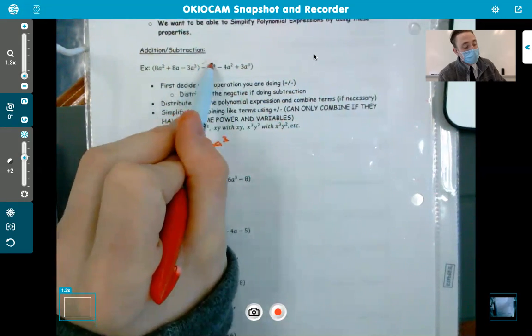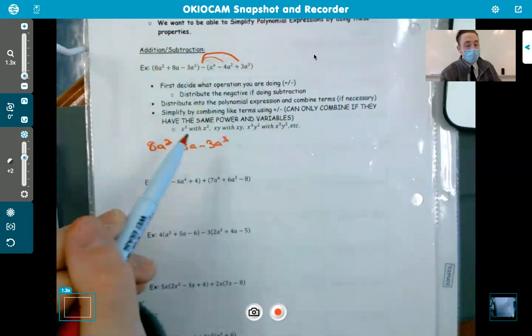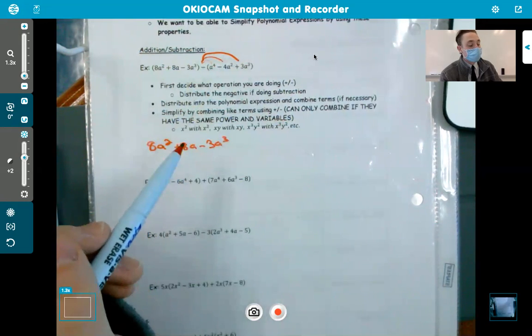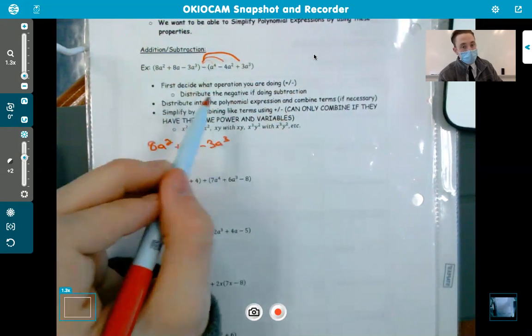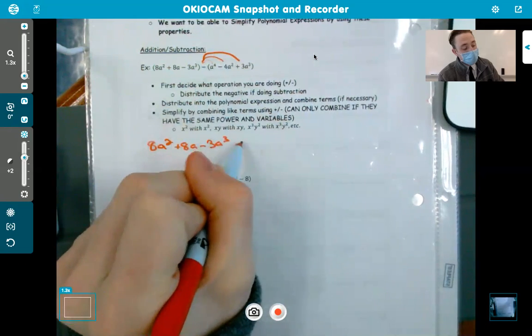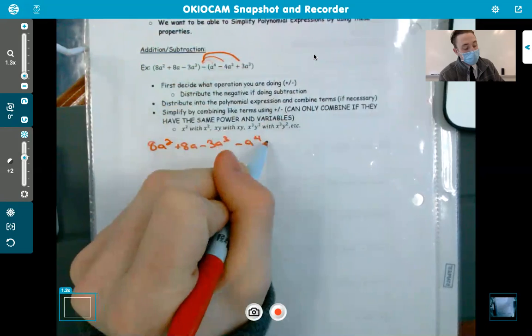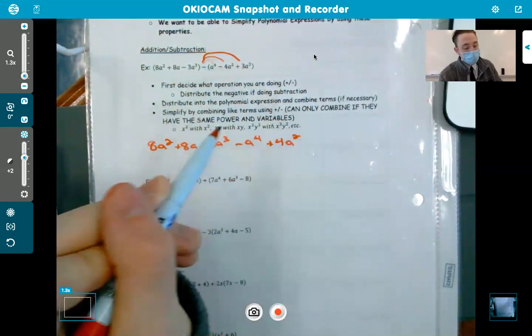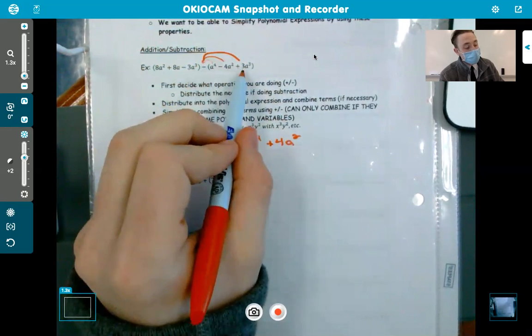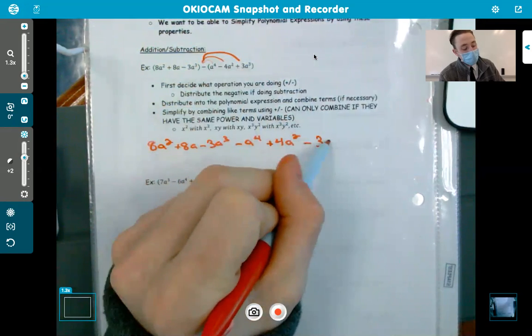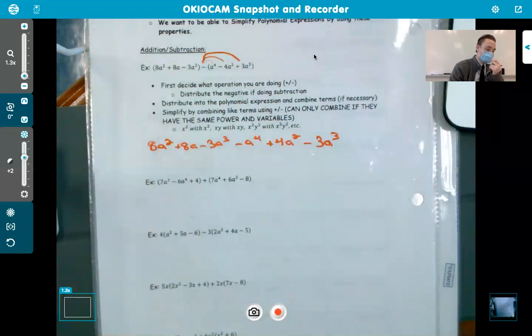So I need to distribute that negative to each term. And what that's going to do is change the sign of each term. So now I'm going to have minus a to the fourth. Instead of negative 4a squared, it'll be plus 4a squared. And instead of plus 3a cubed, it's going to become minus 3a cubed. So just distributing the negative.